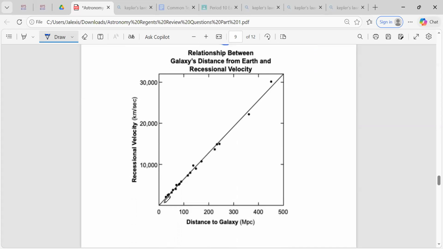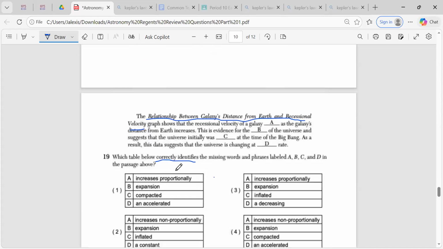And so we see, as the distance from the Earth to a galaxy increases, the recessional velocity also increases. So it does look as if the speed is getting faster and faster. Okay, keep that in mind.